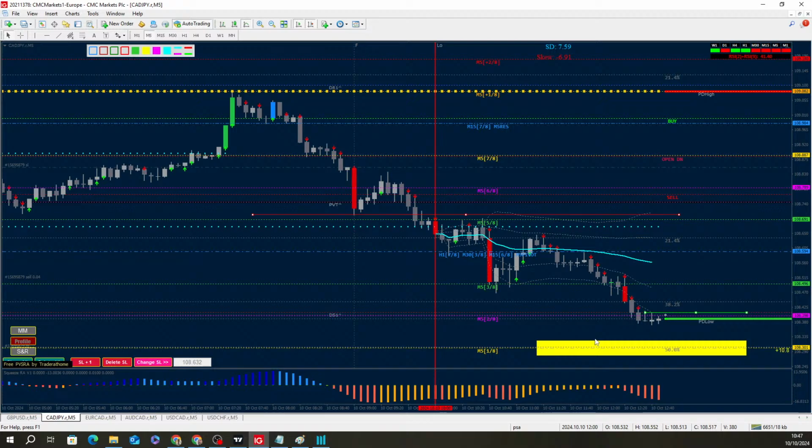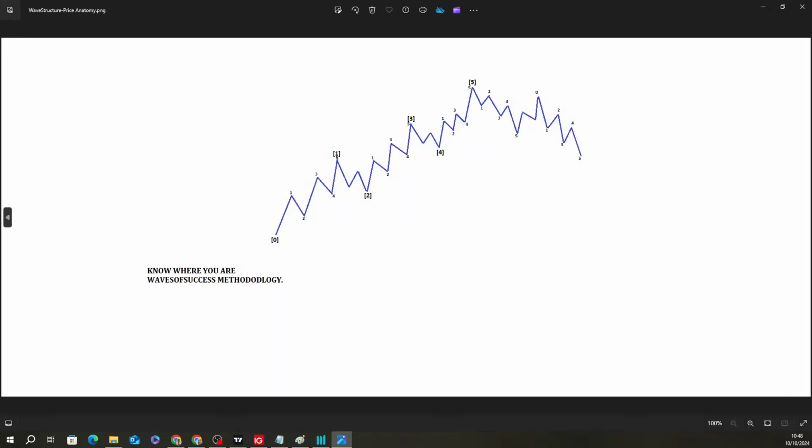So the only wave structure we trail is the 4 to 5, because technically that is the end of the wave structure. Okay, so if you look at the wave structure we have here, this is what we trade at Chart247 Trading Academy.